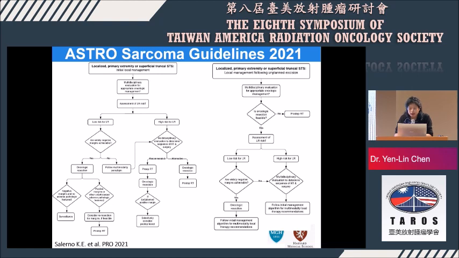I highly recommend reading through the whole guideline and some of the supplementary data that was used in formulating the guidelines. I won't go into this in great depth, but I will highlight some of the key recommendations. The treatment algorithm emphasized multidisciplinary evaluation for preoperative or postoperative RT for the initial management of localized primary extremity or superficial sarcoma.